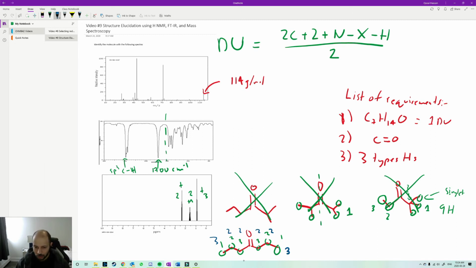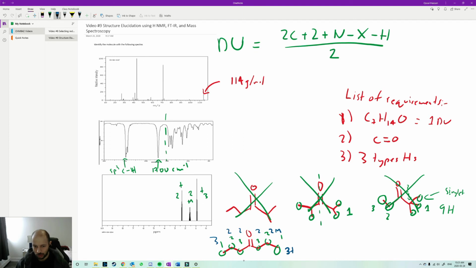Well, this terminal CH3 is next to a CH2, which means that I'll get a triplet from this. Okay, that makes sense. This carbon in the middle here is between a CH3 and a CH2, so that would give me a multiplet, right?